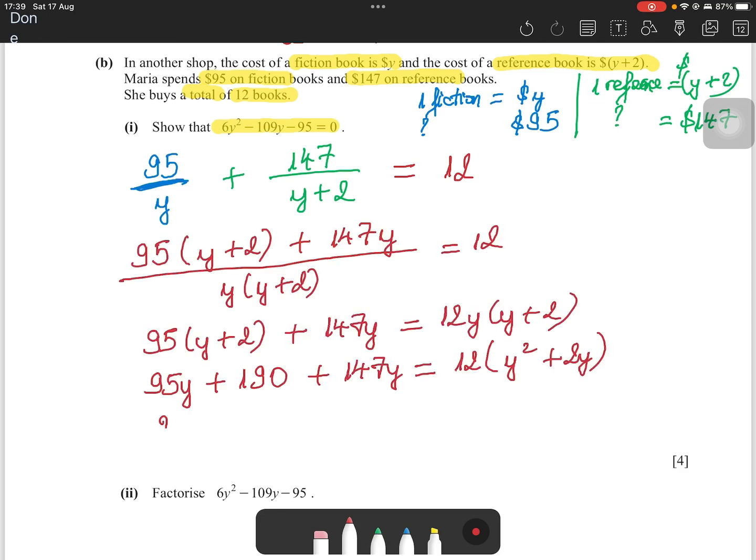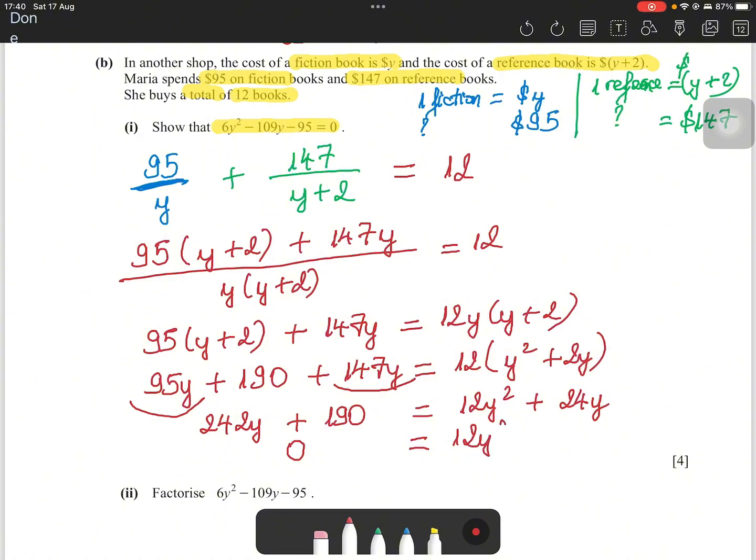So we need to simplify the left-hand side. 95Y plus 147Y is equal to 242Y plus 190, which is equal to 12Y squared plus 12 times 2Y is 24Y. So now I want to move 242Y and 190 to the right. So it is 12Y squared plus 24Y subtract 242Y subtract 190.